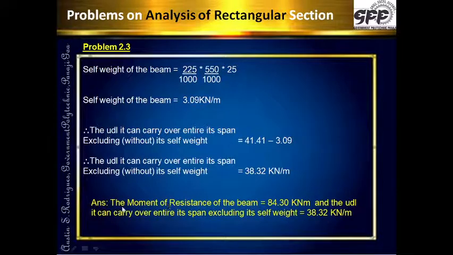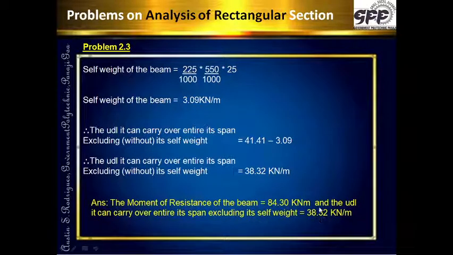So the final answer is the moment of resistance of this beam is 84.30 kilonewton meter, and the UDL it can carry over its entire span, excluding its self weight, is 38.32 kilonewton per meter. Again, if I have to round this value off, can I round it off to 38.50?